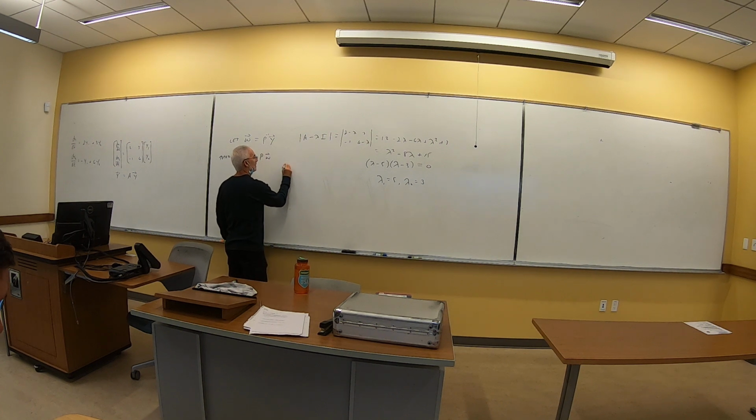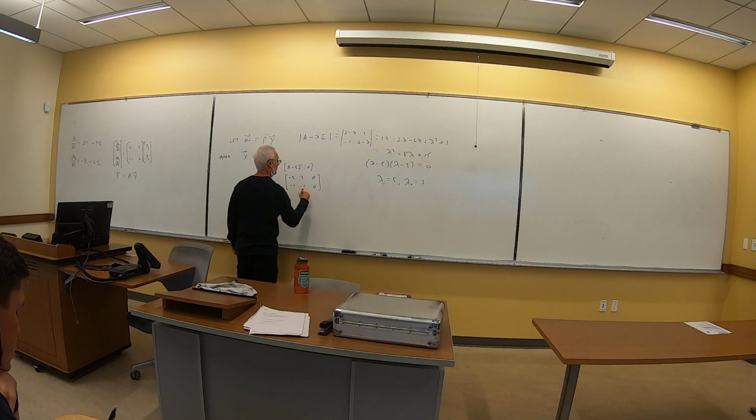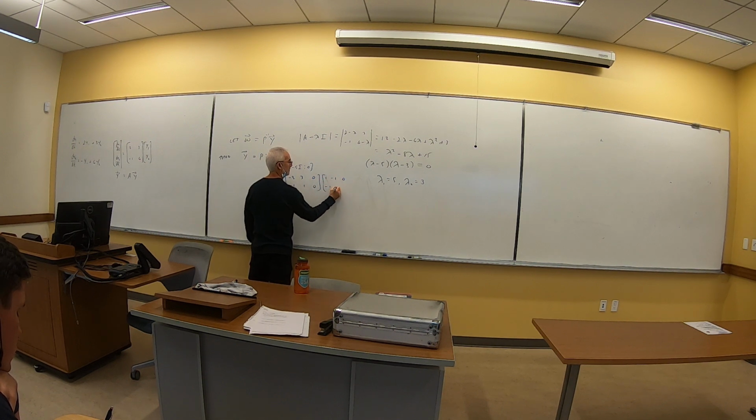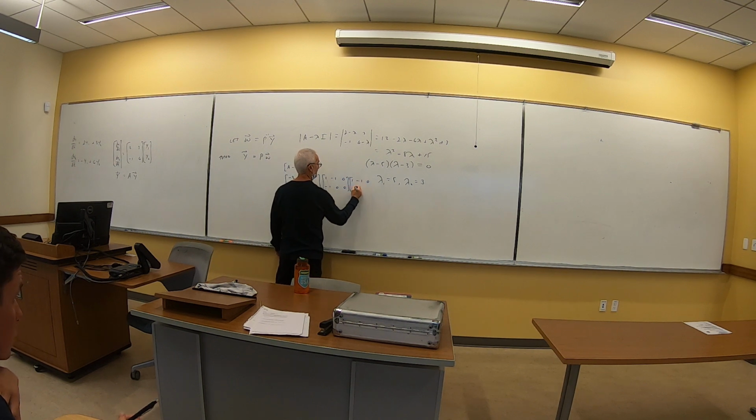So I'll leave some space over there. Now I have A minus 5 times the identity matrix augmented with zeros. So negative 3, 3, negative 1, 1, 0, 0. If I multiply the top one by negative a third, then this adds very nicely.